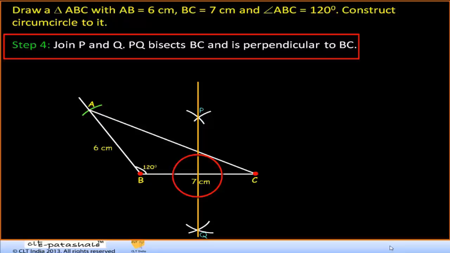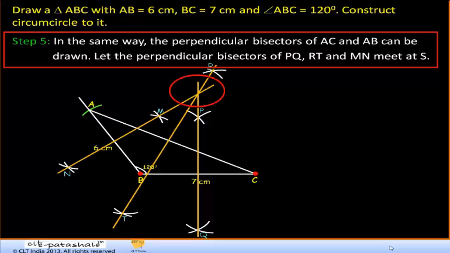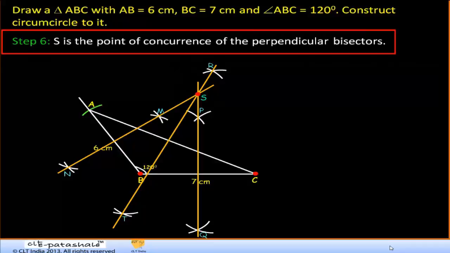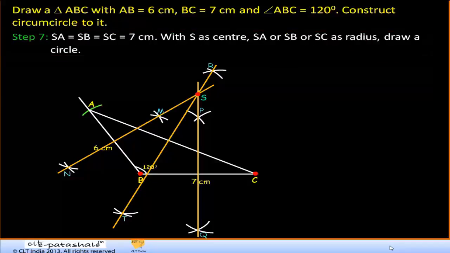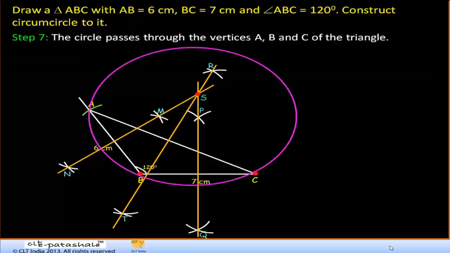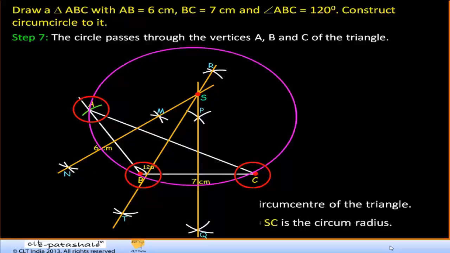PQ bisects PC and it is perpendicular to BC. The circle passes through the vertices A, B and C of the triangle.